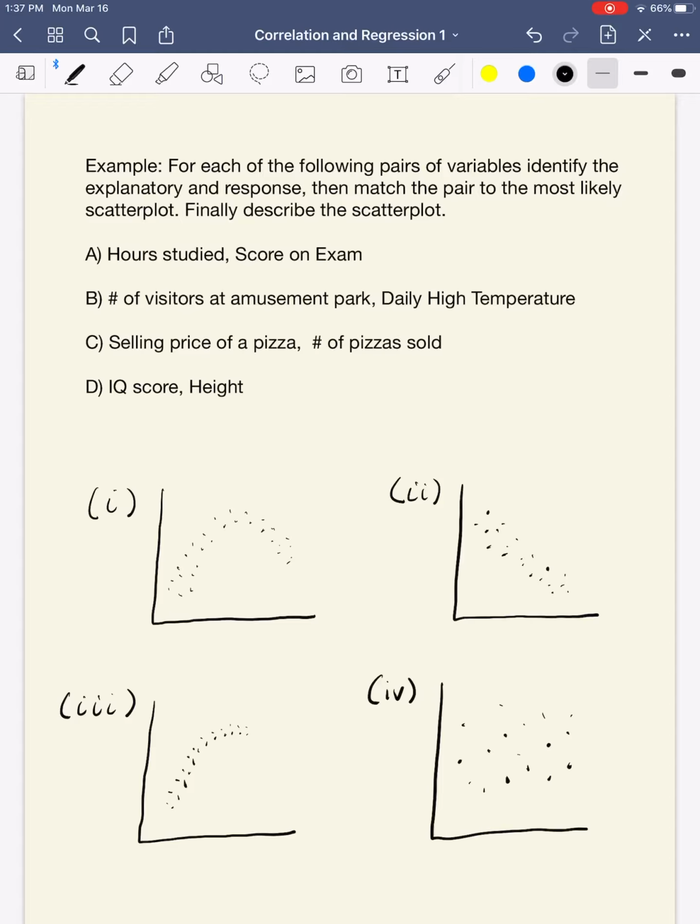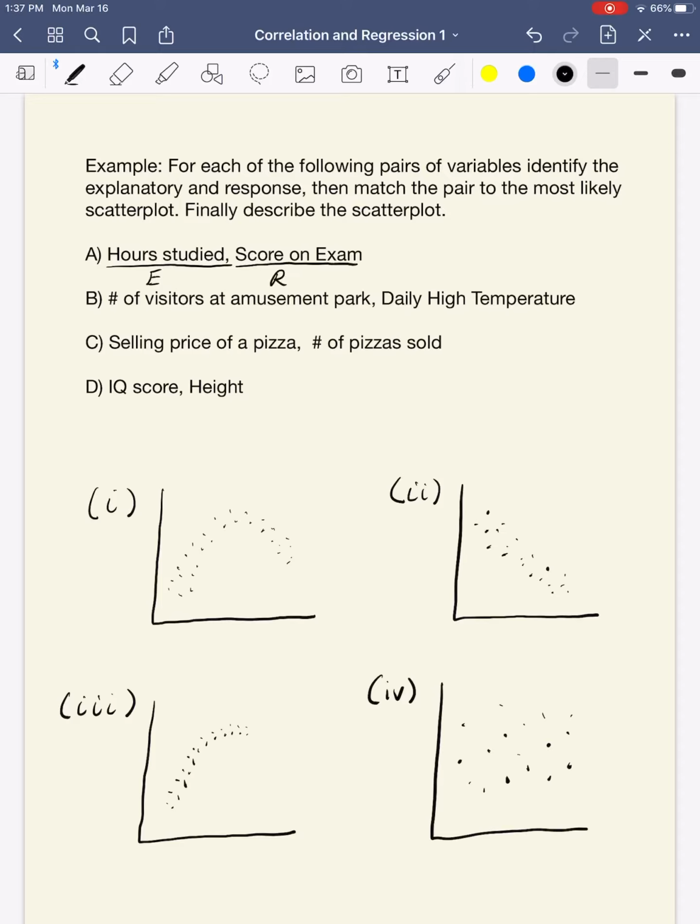So let's look at this first variable here. We have hours studied, clearly quantitative, and score on an exam. So we're discussing here, what is the possible relationship, if any, between the hours somebody studies and the score that they get on an exam. If we're thinking about explanatory and response, we would expect that the hours studied would be your explanatory, and the score on an exam would be the response.